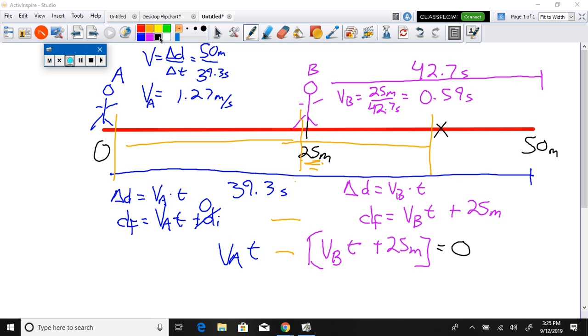Now we can plug in the numbers. Now it becomes basically an algebra equation. We've got 1.27 meters per second times time.